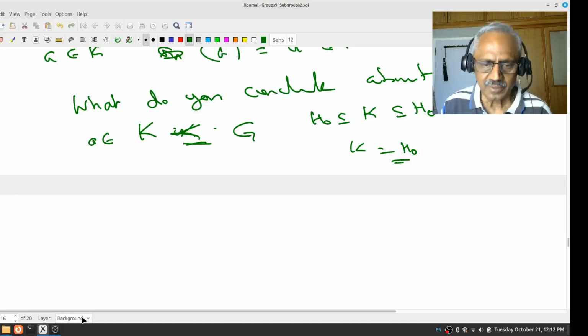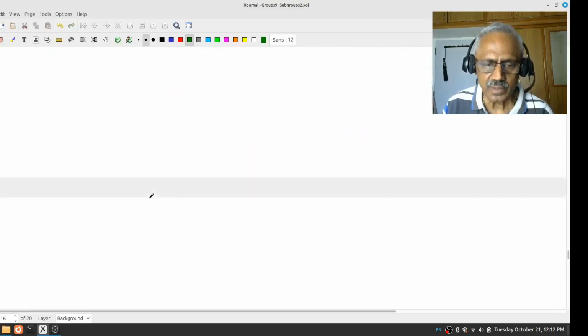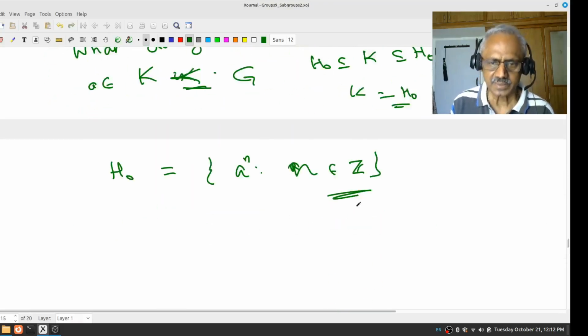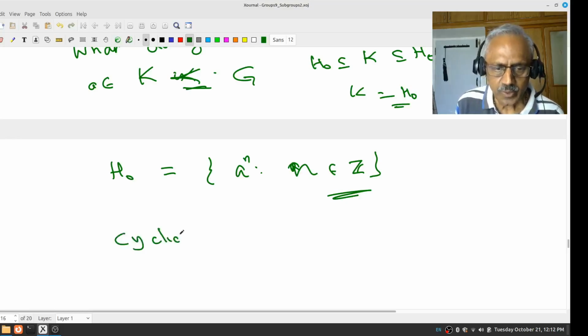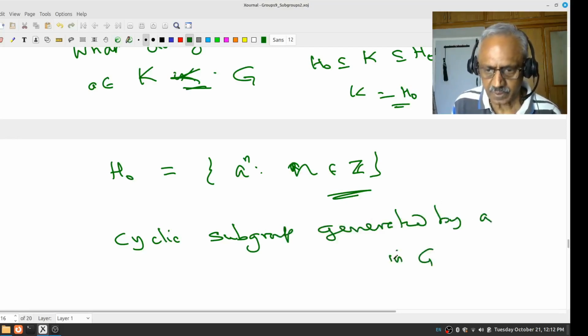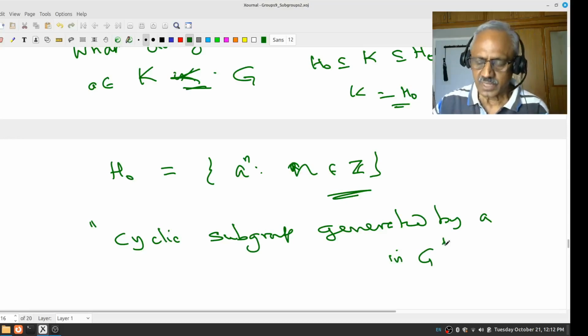This is what in textbooks they call the cyclic subgroup generated by A in G. So in the classical approach, the authors and teachers define this, show that it is a subgroup, and then call it the cyclic subgroup.